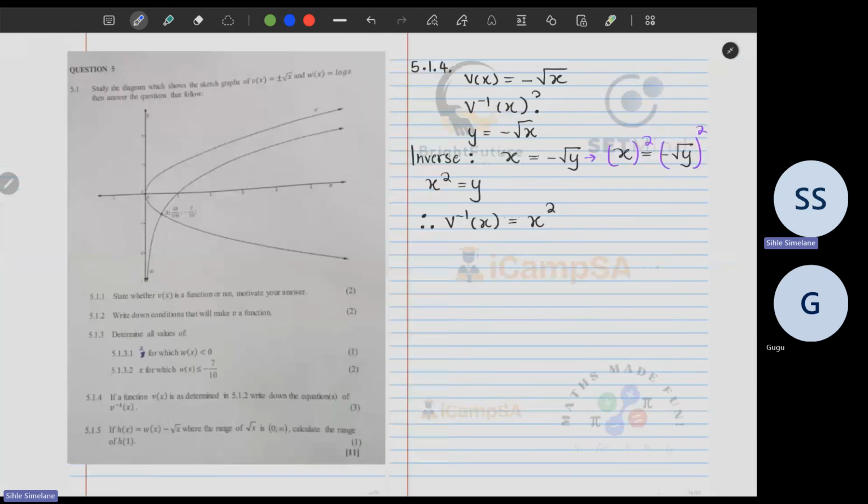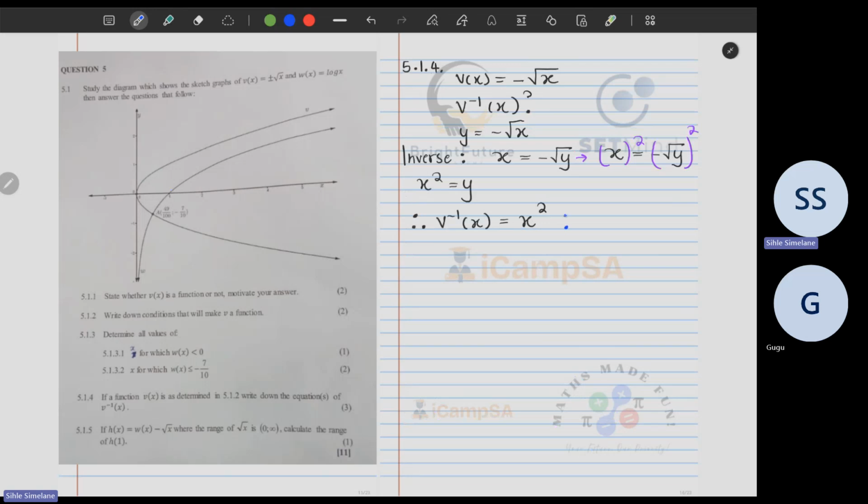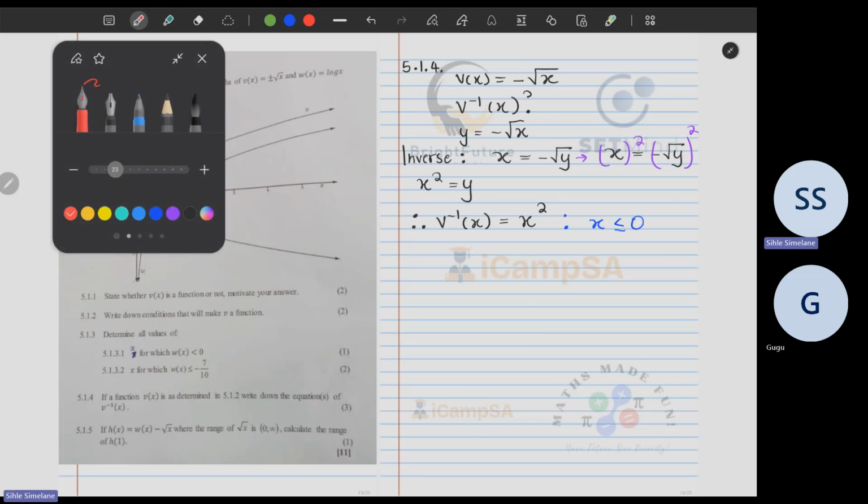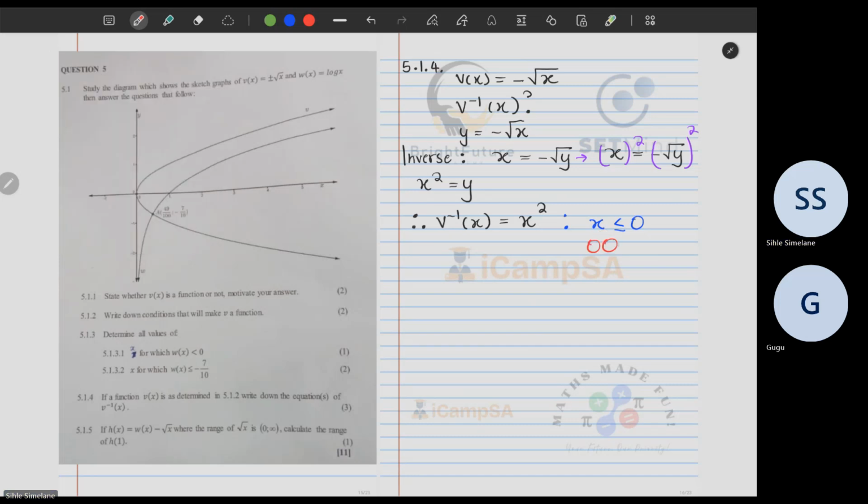So when we come here, because they want to make sure it corresponds to what you said, it means we need to say x must be less than or equal to 0. And your HOD will be so proud of you to say, this one understands what is happening here. Do you understand? Yes. Your HOD will smile with big eyes. Good things happening in the office.